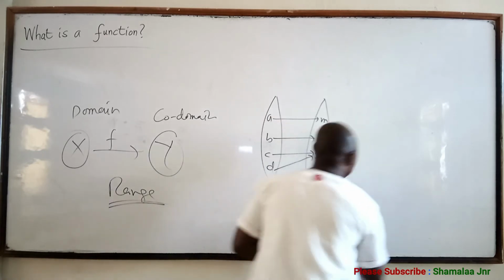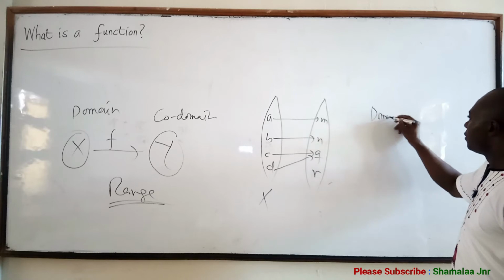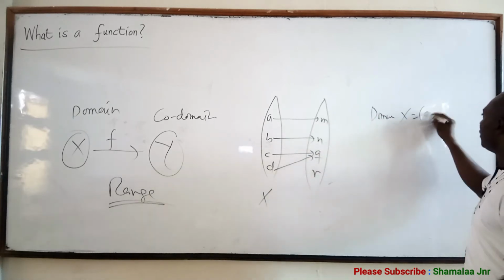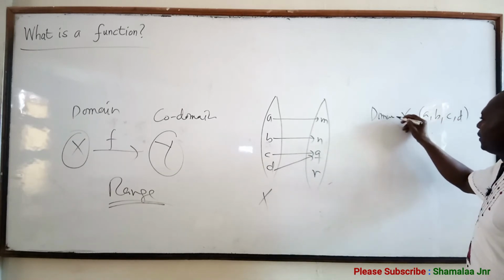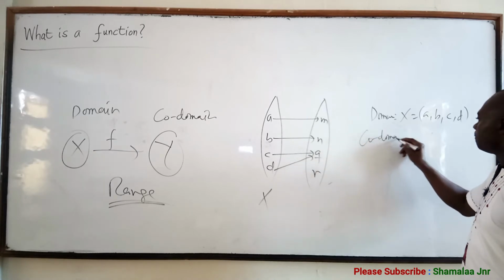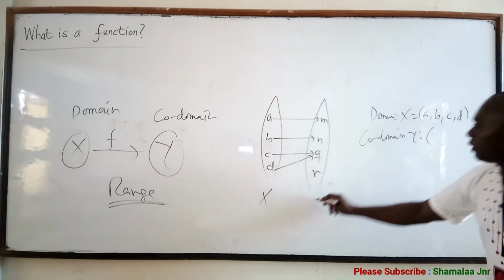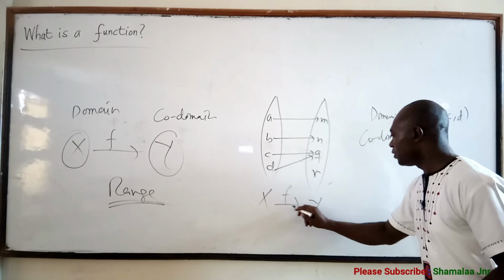So you can say that the domain, that is the set X, is equal to A, B, C, D. This is the domain. And then the codomain is the Y. So let's call this one the function.